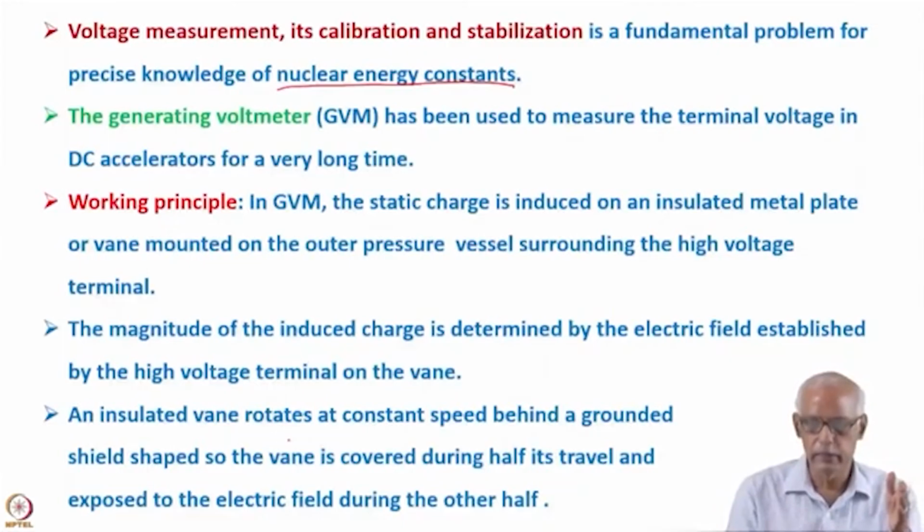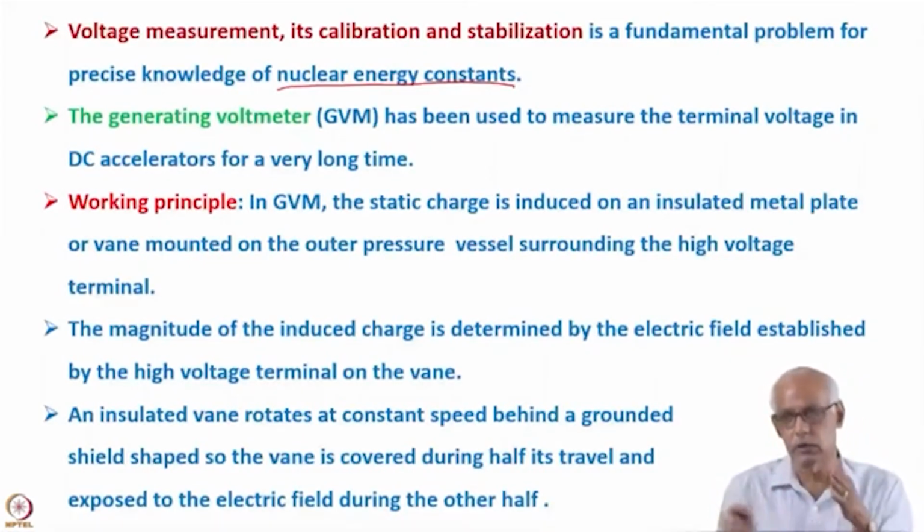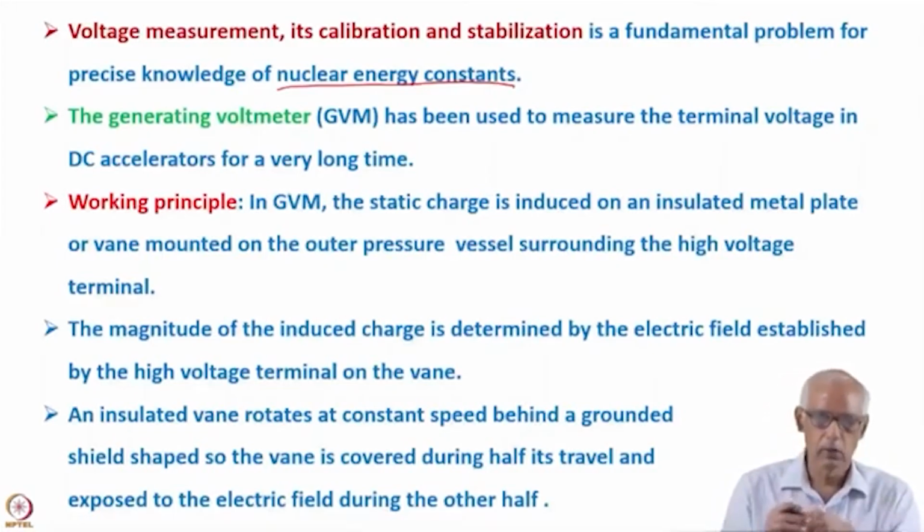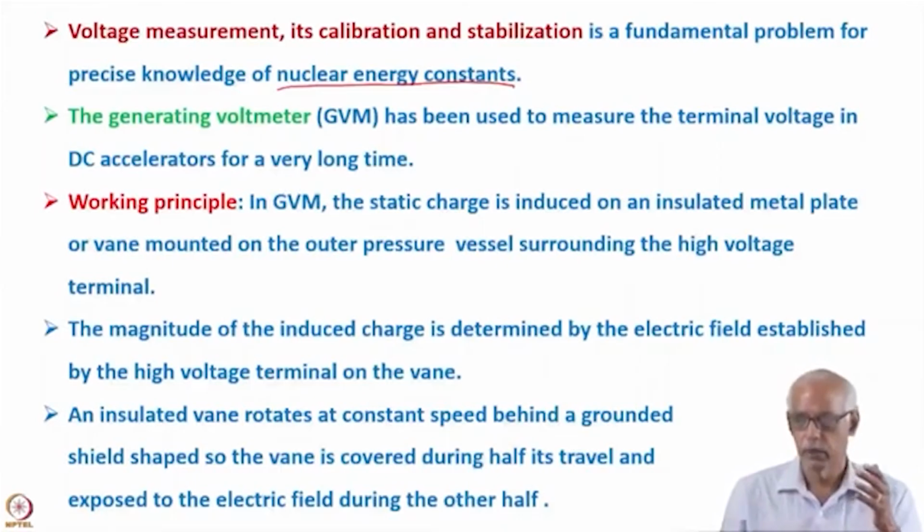An insulated vane rotates. Now, how this is happening will be explained. So there is an insulated vane which rotates at a constant speed behind a grounded shield, shaped so that the vane is covered during half of its travel.